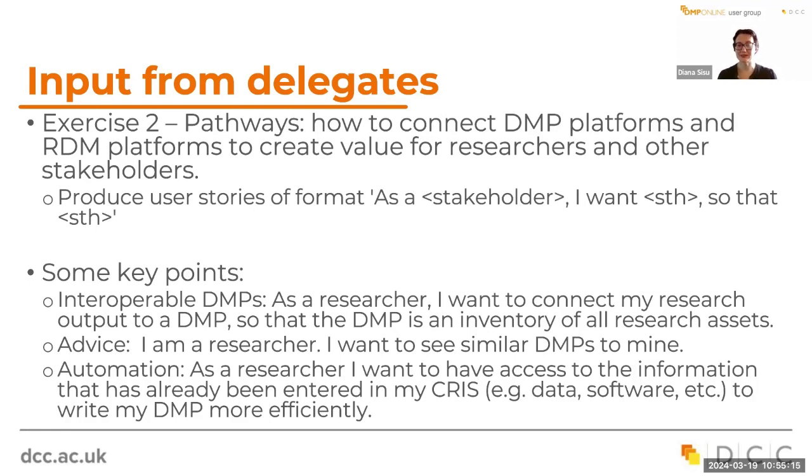We have public DMPs, so people can see examples, but there's no guarantee that they're going to be very similar to yours. So how do we help the researcher by providing good examples of DMPs? Automation. As a researcher, I want to have access to the information that has already been entered in my CRIS to write my DMP more efficiently.